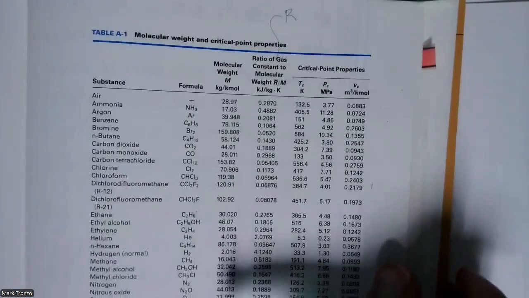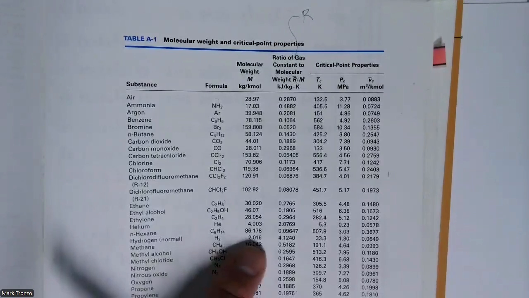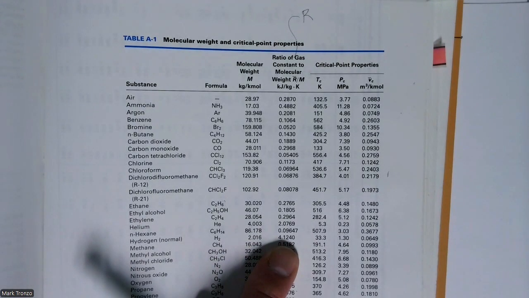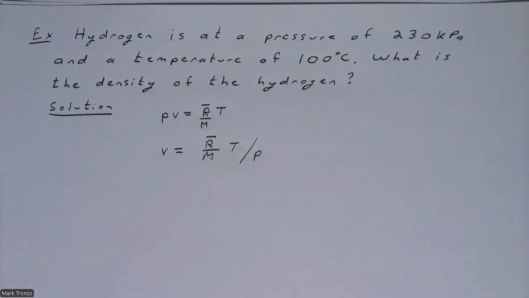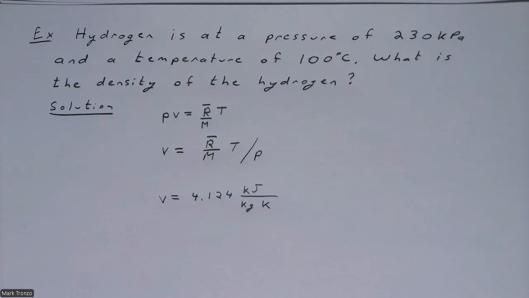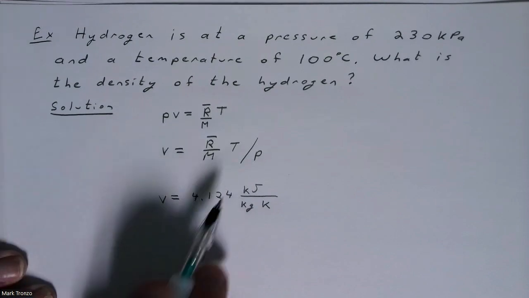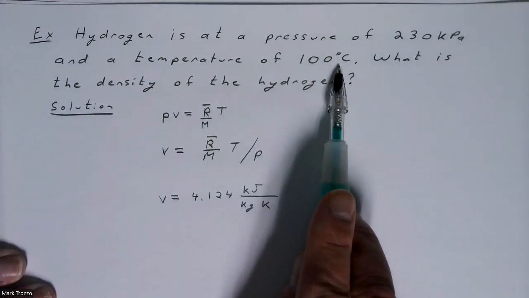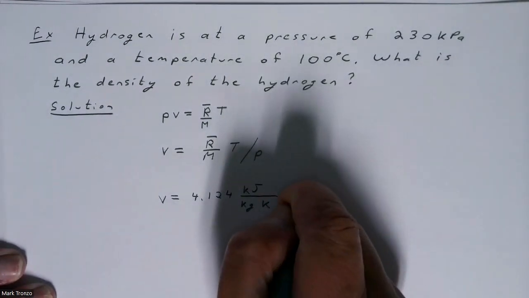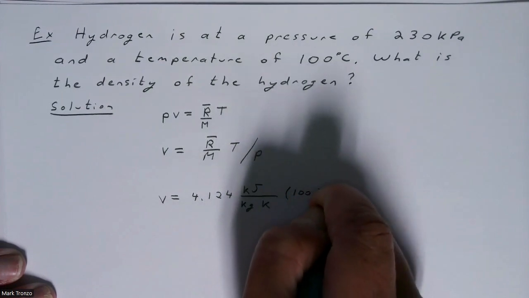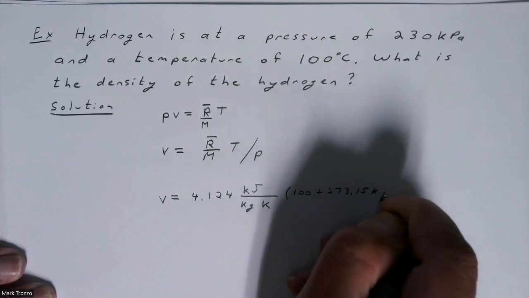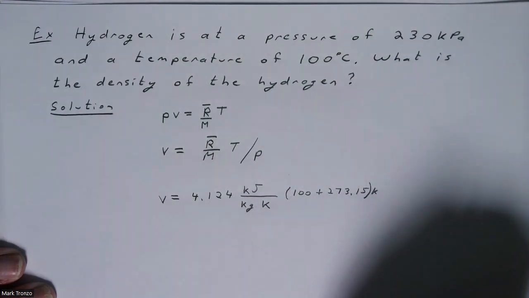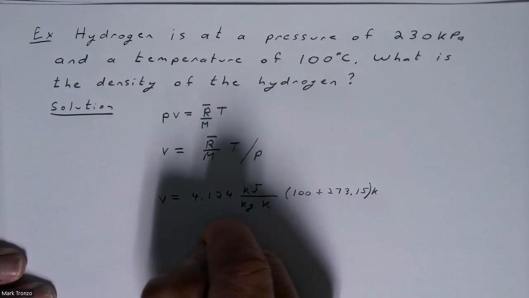And I'm showing in the back of my book here that hydrogen has an R bar over M of 4.124 kilojoules per kilogram K. And now we want to multiply by the temperature, though the temperature's in degrees C, so we're going to have to add 273.15 to get us in degrees K, and then divide by the pressure.